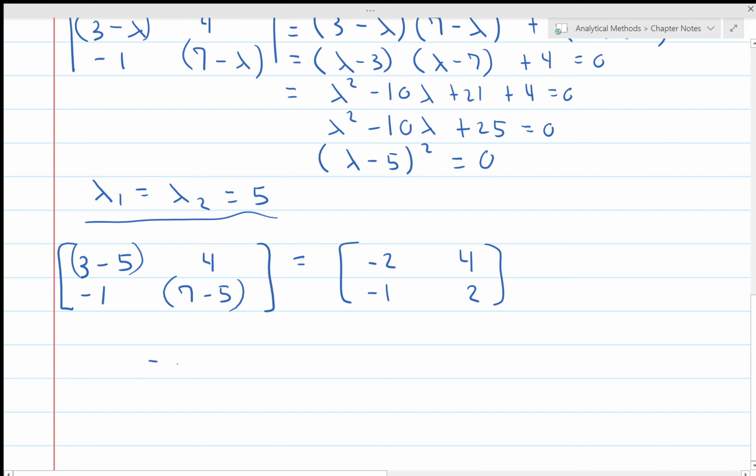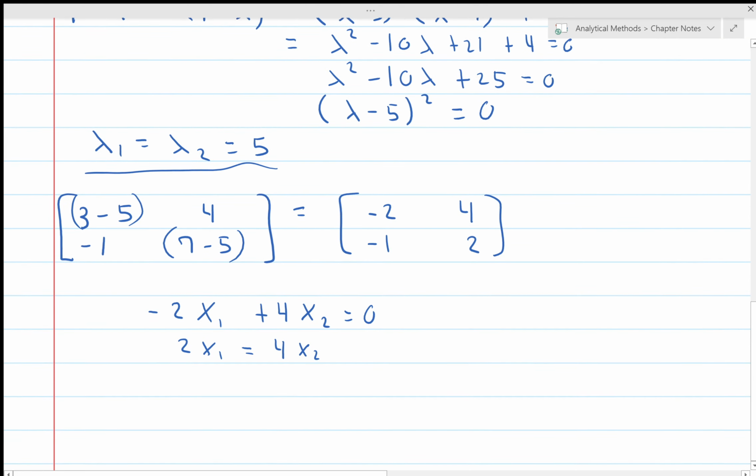So I have -2. You could do x1 or k1. For me, it's just cleaner to do x's, so I'm just going to have that. Plus 4x2 is equal to 0. I'm going to set them equal to each other here, so bring this to the other side. 2x1 is equal to 4x2. Great. Let's simplify it. Divide by 2. x1 equals 2x2.